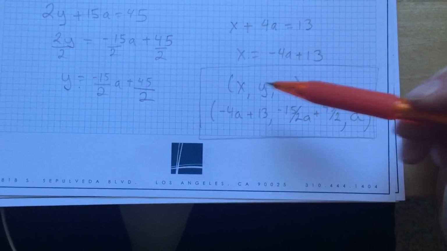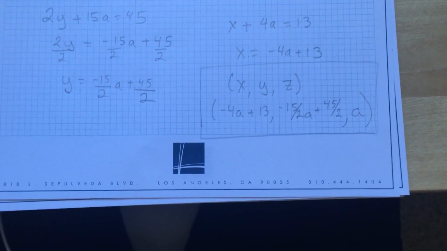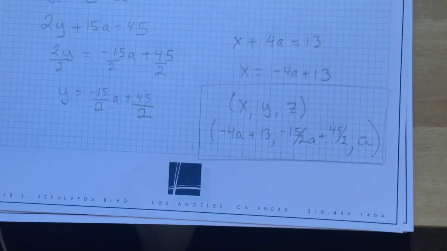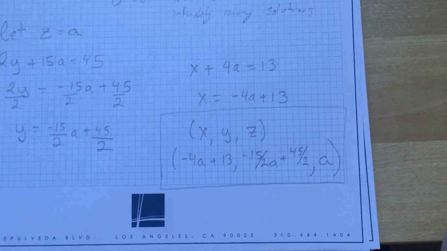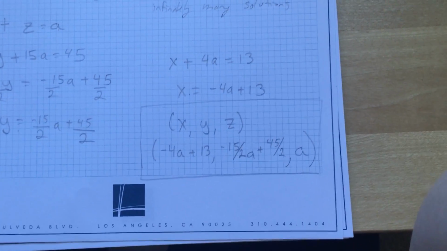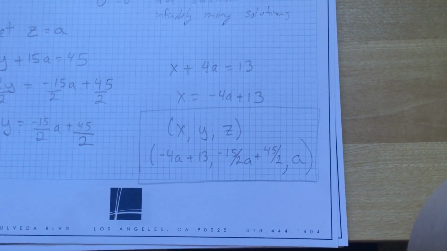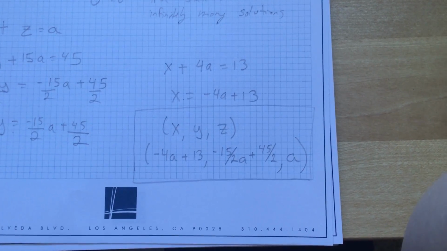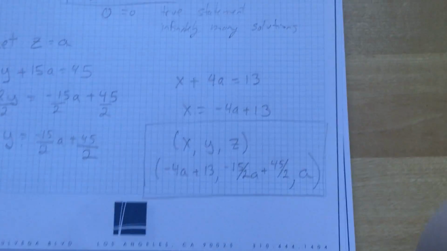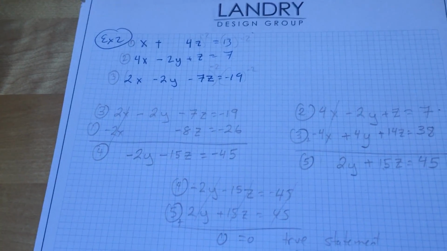And then this will be 13 minus 4, so 9. So if you just start plugging in some values for a, you'll come up with a bunch of different points, x, y, and z's that would work for that system.